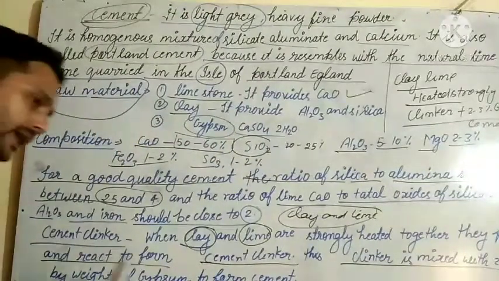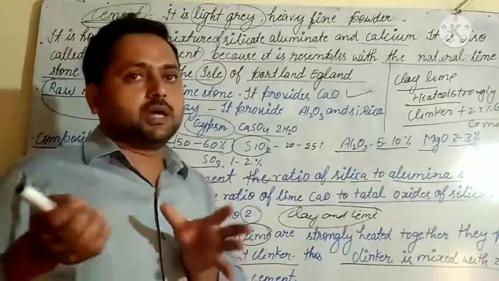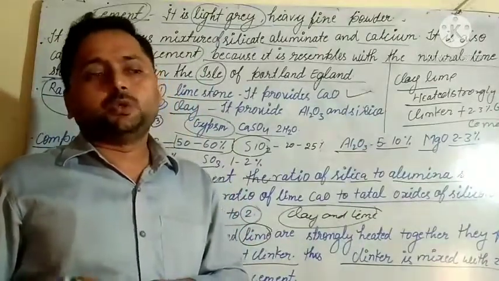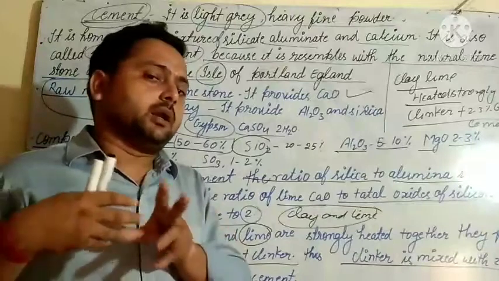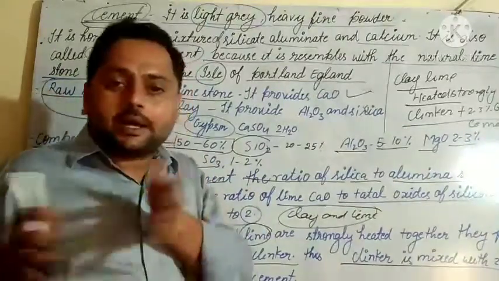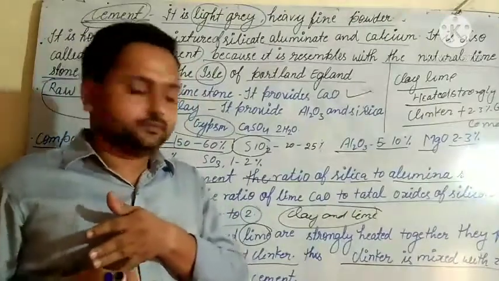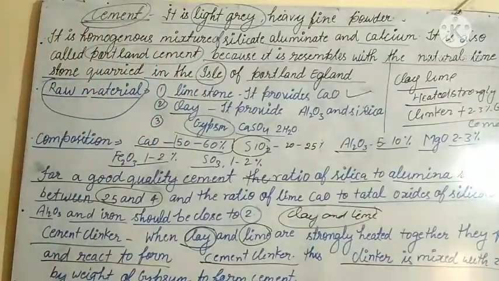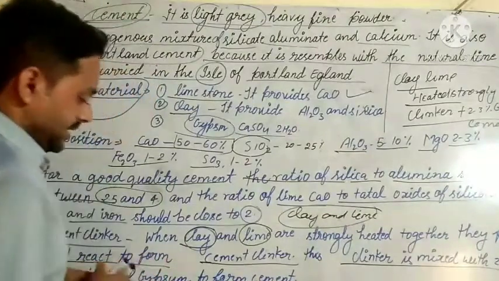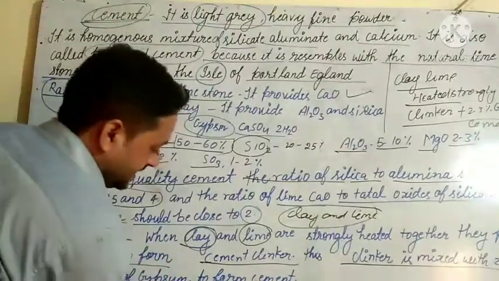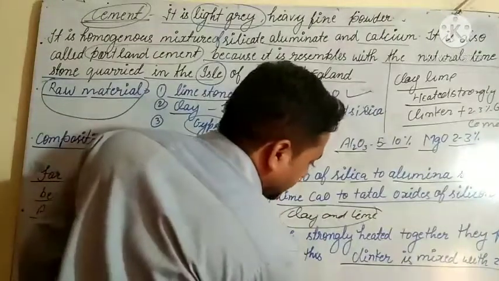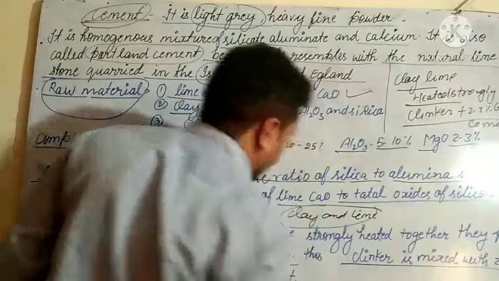Means in powder form molecules are there, and when we add water, their constituent particles are hydrated and they rearrange themselves. The purpose of adding gypsum, remember it, is to slow down the process of setting.